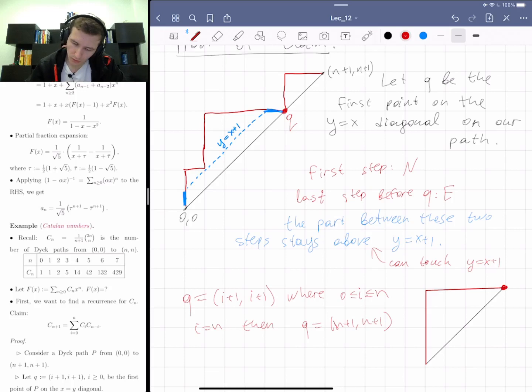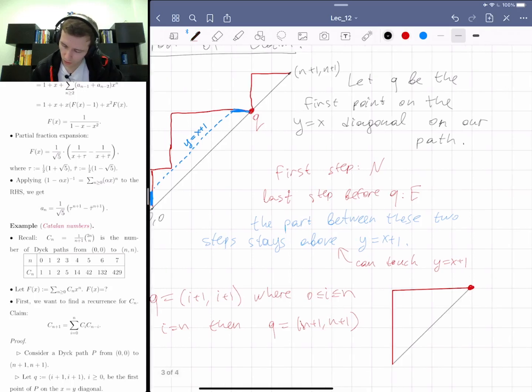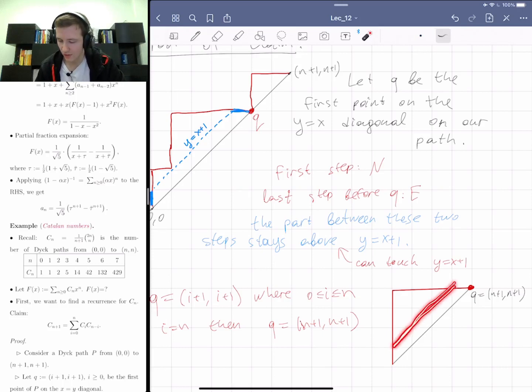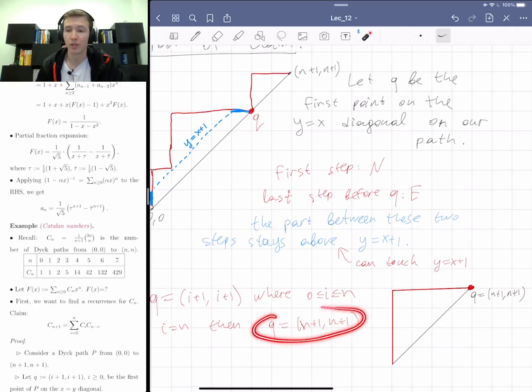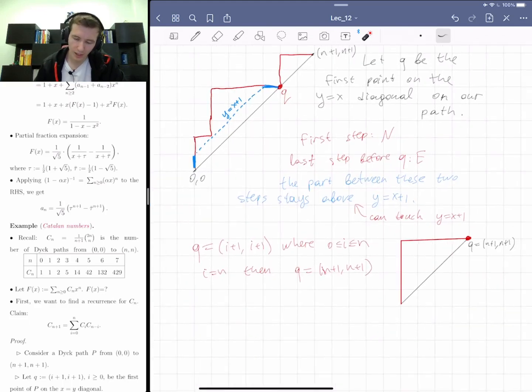In this case, we still know that the remaining part stays above this lifted diagonal. So we still get new information even if q is the last point, n plus 1, comma n plus 1.